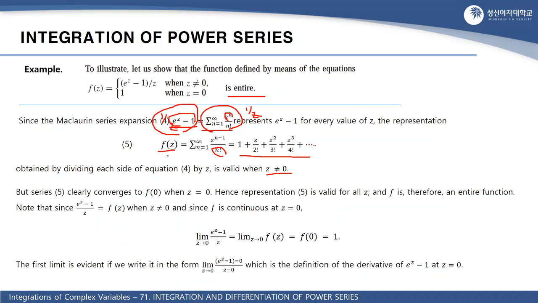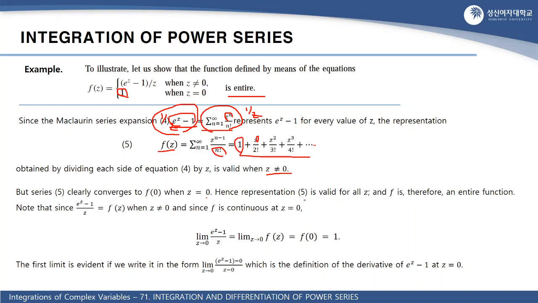Series 5 clearly converges to f of g0 when g is equal to 0. Here, if we insert 0 for the variable g, then we get 1 for the value of f of g when g is equal to 0, which is exactly the same as the definition of f of g.